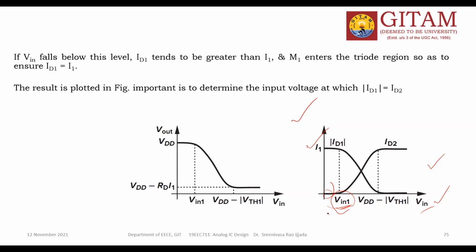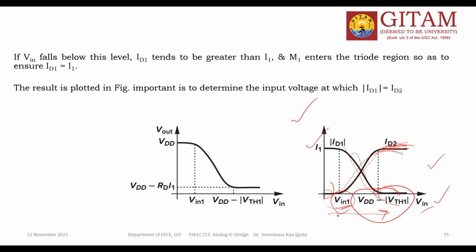If you increase the input voltage, your ID2 is going to increase, and because the PMOS gate becomes positive, the transistor conducts less, finally going into the off position. When ID2 goes high and I1 goes to 0, this is the condition: whenever your input voltage is more than VDD minus mod VTH1.